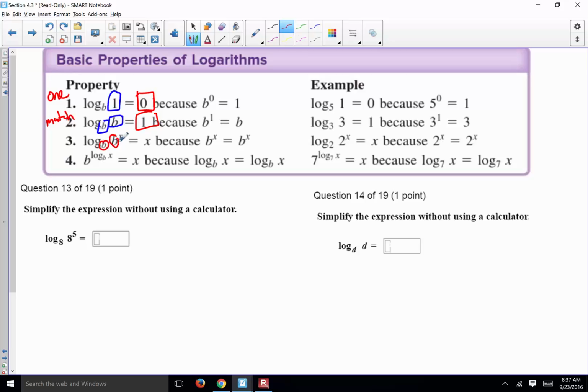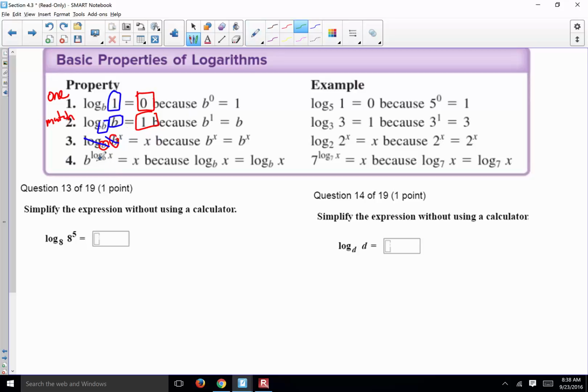If this is C and that's B, we cannot say the answer is X. They cancel these two out and get X as the result. Why is it happening? Because b to the x is exponential, logarithm is the inverse of exponential functions. Exponential function and logarithm cancel each other. These cancel and you get x.